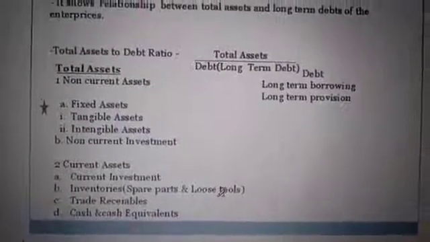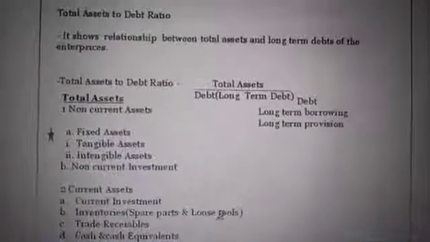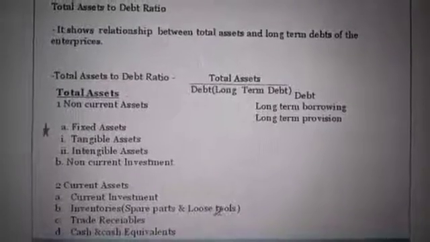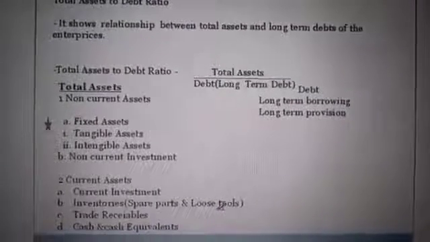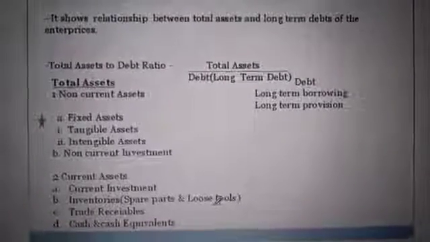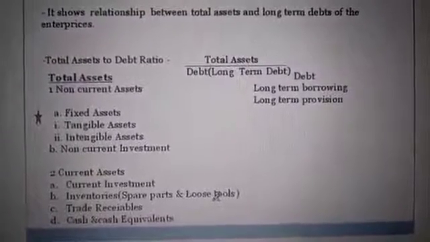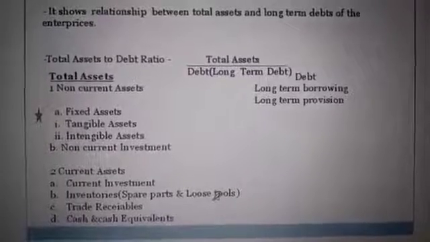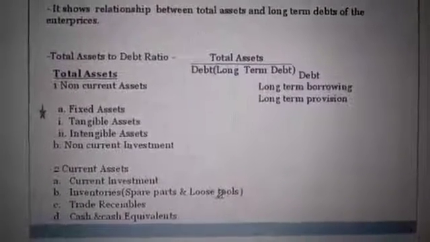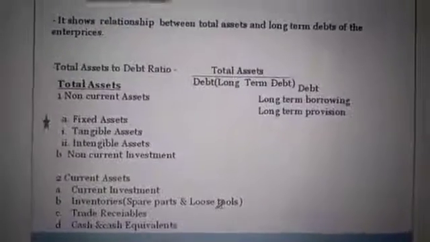So how is this ratio made? Total asset divided by debt. Now the practical questions we will do in our next part. Okay, this is a very simple ratio.